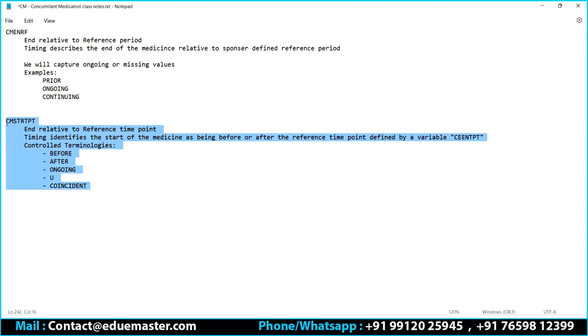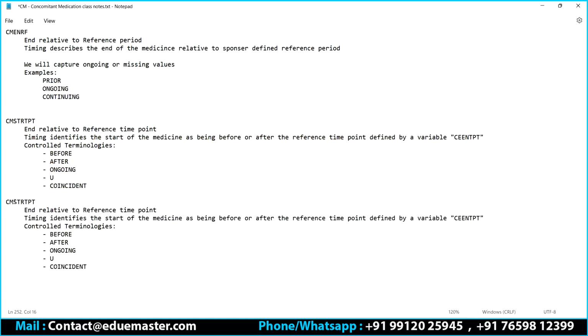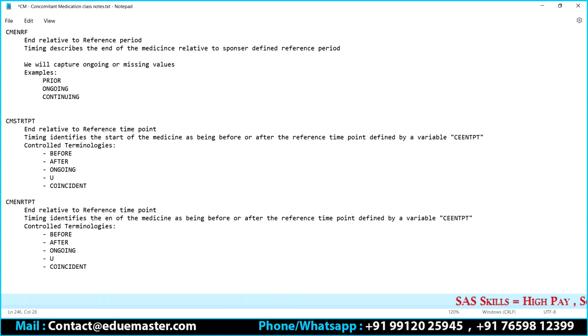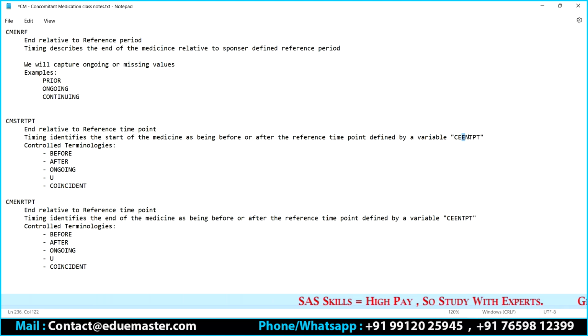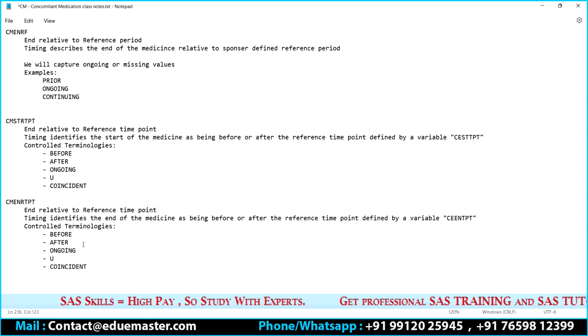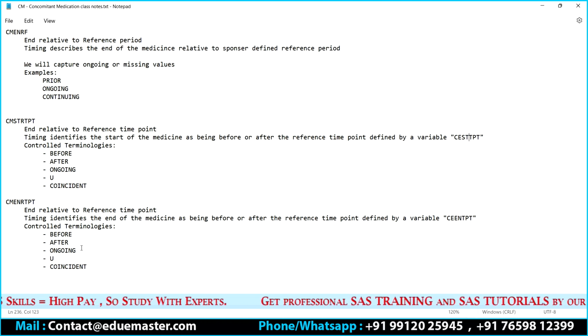So this is start. The same thing I can also do for the end reference. So here, instead of ST, I'll go with end reference to the relative point. So here also it is going to be CMSTTPT and CMENTPT.